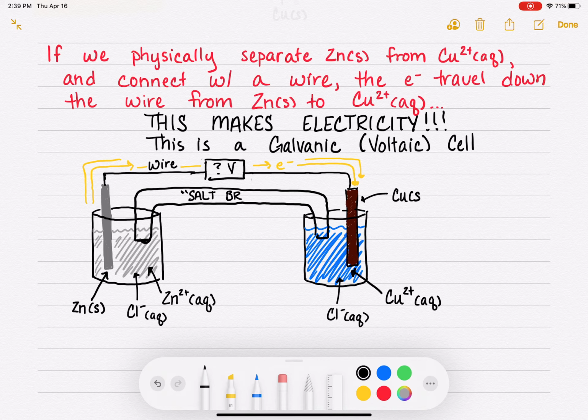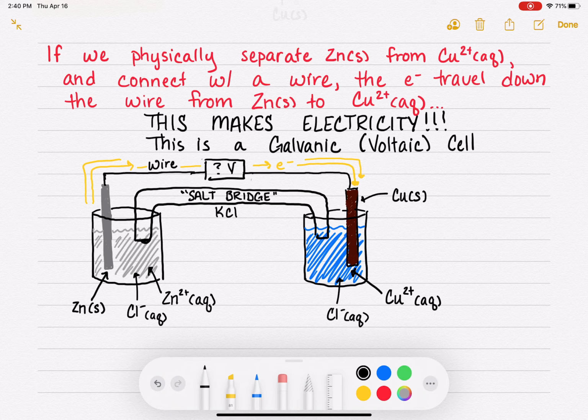The salt bridge is not used for any sort of electricity conducting, none of that type of stuff. The salt bridge is just used to help prevent the accumulation of negative charge over on the copper side of this cell. The salt bridge is made up of some sort of inert, non-reactive, neutral, ionic compound, like KCl would be a great choice.